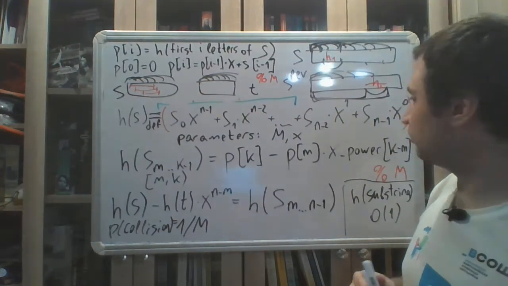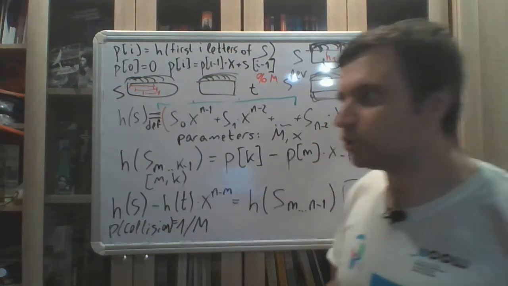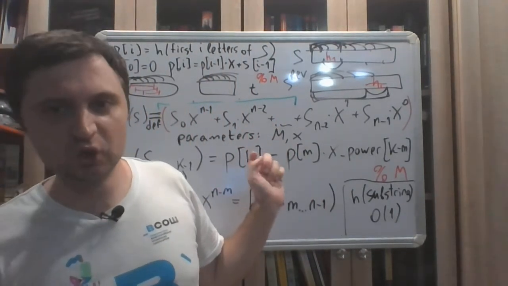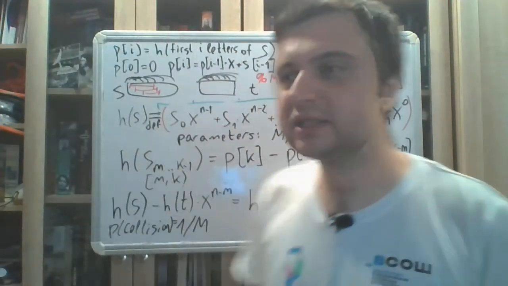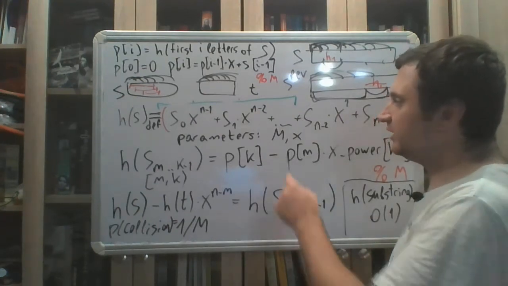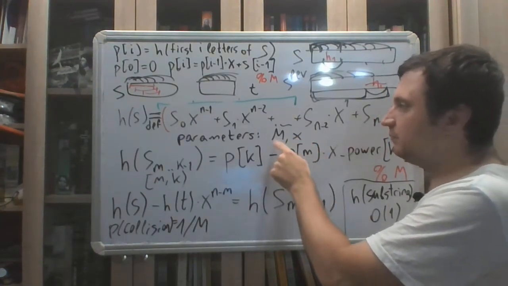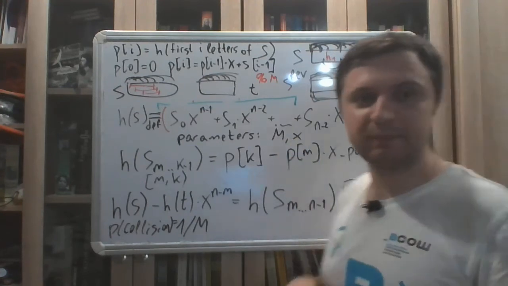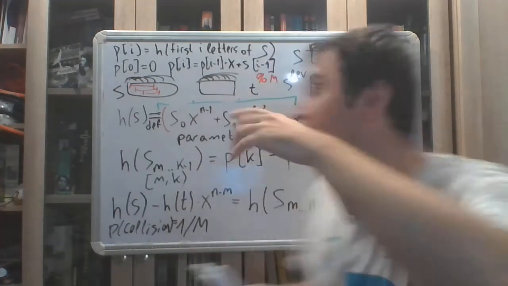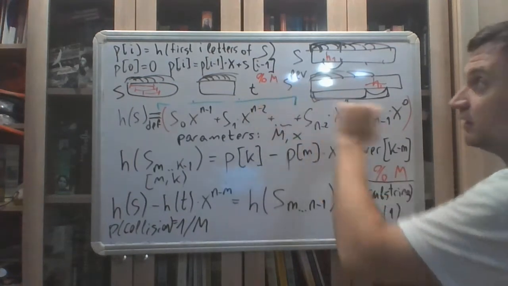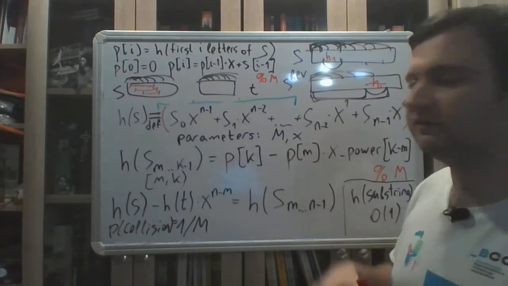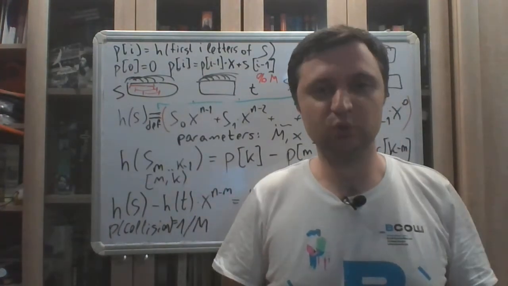And what can be the other problem? x and m shouldn't have common divisors. The easiest example that I like to show, and I will actually talk it through, is the worst case: if m is divisible by x. Imagine that m is divisible by x. For example, you can take m equal to a large power of 2, because it looks quite easy to make all the calculations modulo some power of 2. And you decided to make x not only even, but simply also a power of 2.